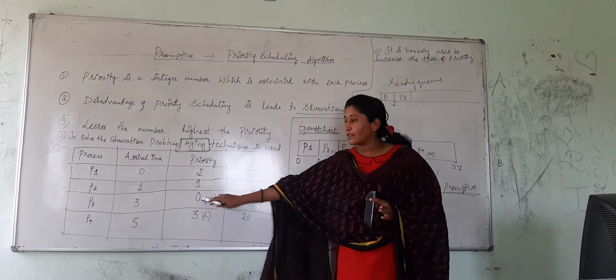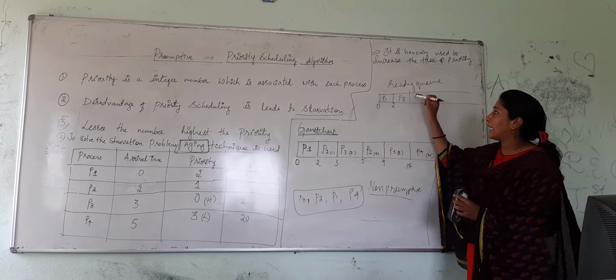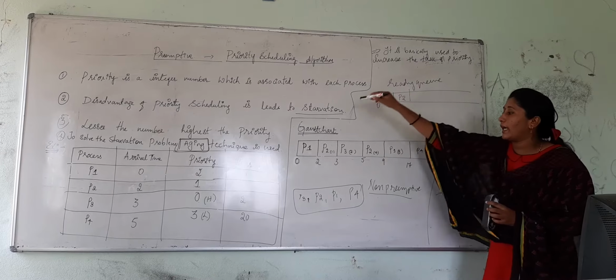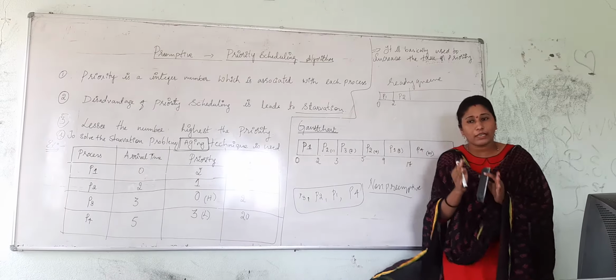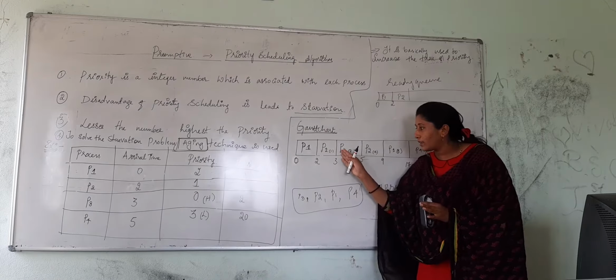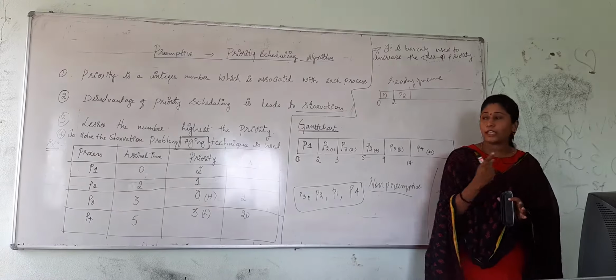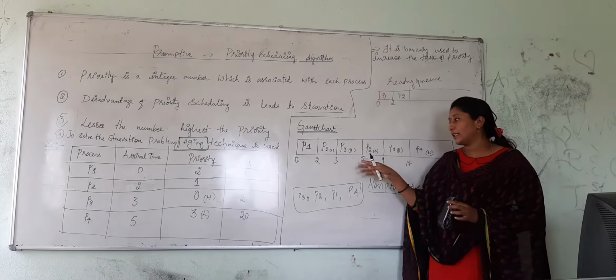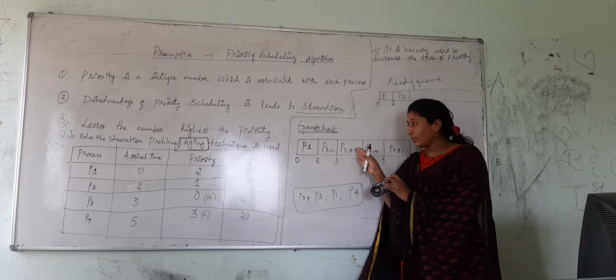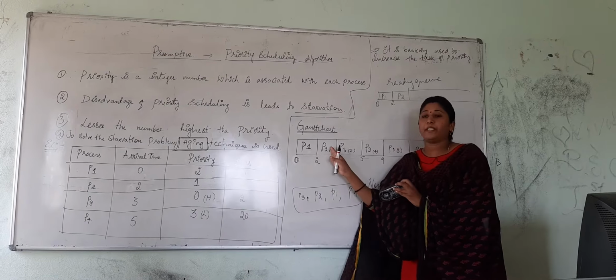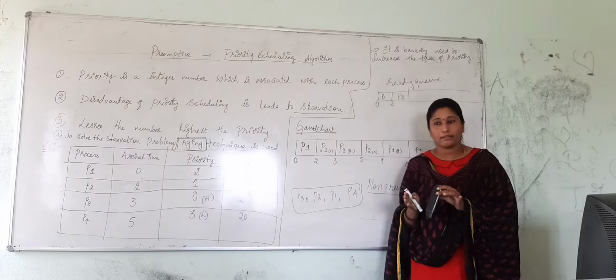Here the lowest number is given first, therefore they are not allowing the P1 and P2 to enter into the CPU for execution. Therefore it will continue until the first preference or the first priority for which process we have given. Until it arrives to that point, the remaining processes keep changing, right?